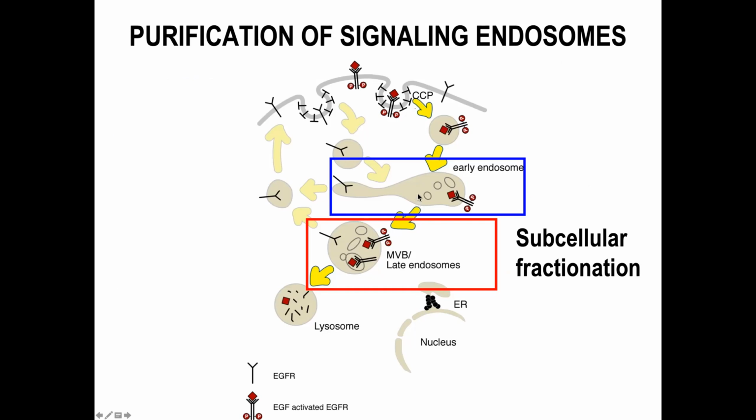Now, when you're interested, for instance, in purifying those compartments and looking at the activity state of the receptor during its traveling, or the composition of these compartments, how they might change during signal transduction and engagement with growth factors when cells engage in a different transcriptional program, then you apply subcellular fractionation to separate early endosomes from late endosomes, for example.